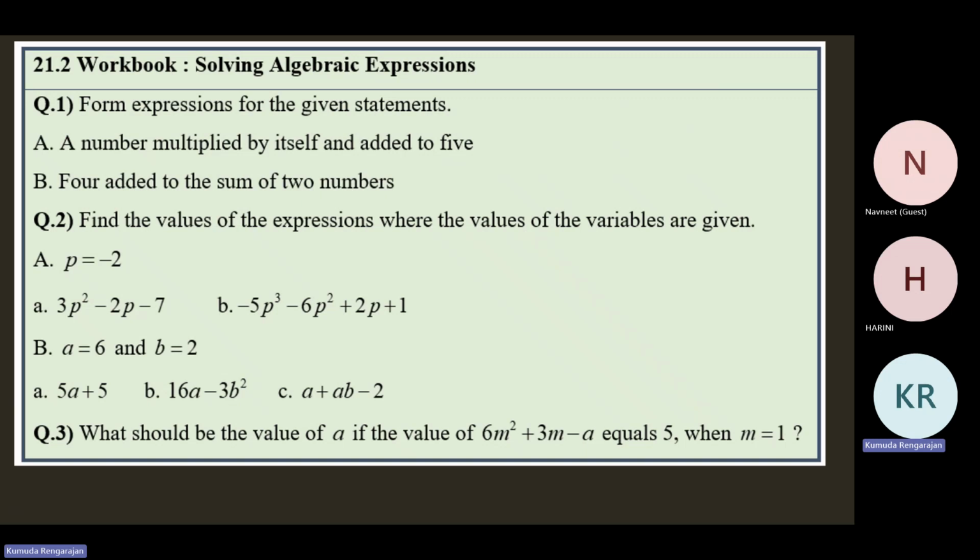Similarly, the workbook also. We'll see the answers in the next physical class.